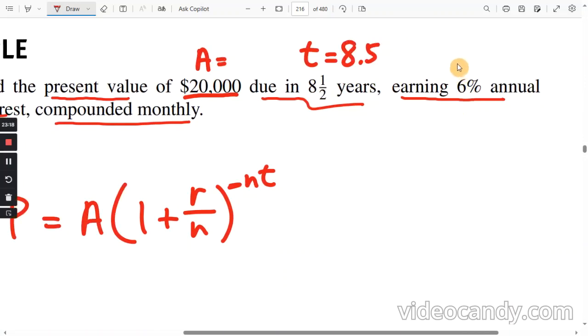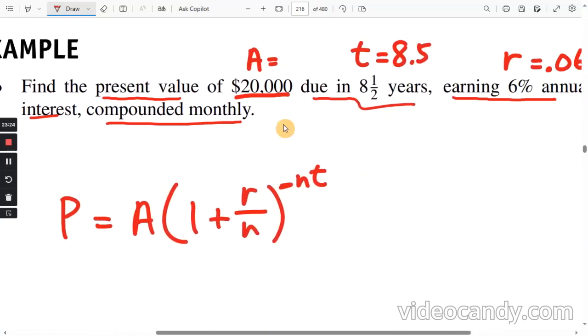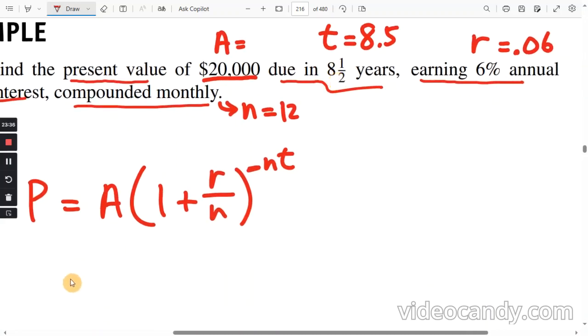6% annual interest, so R is 0.06. And it is compounded monthly. Remember, N is the number of periods, so if it's compounded monthly, N equals 12. All right, so now we're in business.